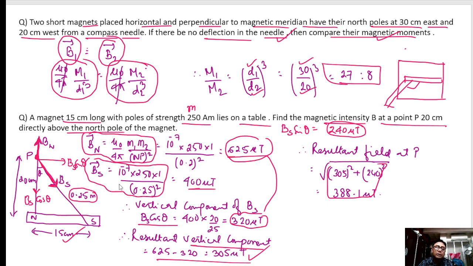Okay, so BS already we know, and sin theta we can easily find out, which is the perpendicular by the hypotenuse. So we can get BS sin theta, and we can get the component. Now find the resultant.